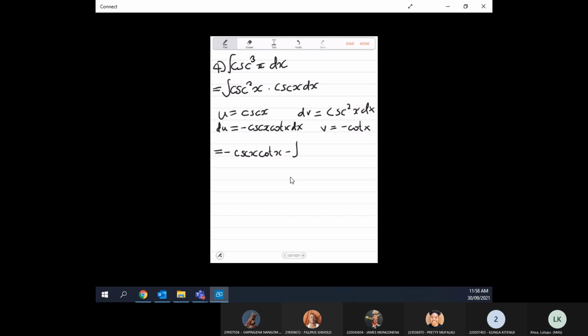And I have cosec x cot squared x dx. And then cot squared x, I write it in terms of cosec squared x.